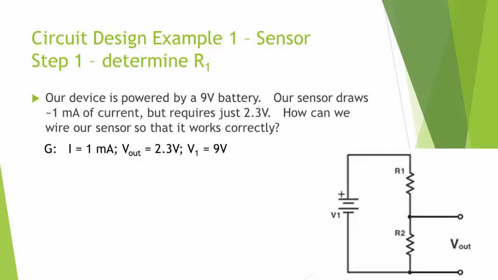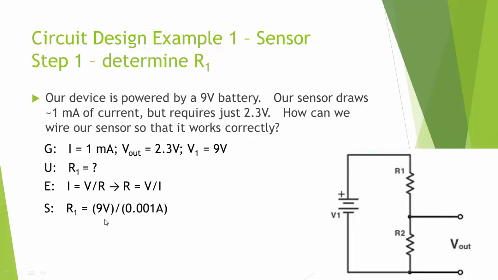So given a current of 1 milliamp and a voltage of 9 volts, remember not the output voltage, but the overall voltage, because this R1 is going to be in series with it, we want to find out what R1 could be at a maximum. A simple Ohm's law problem, R equals V over I. 9 volts over 1 milliamp, 0.001 amps, gives us 9,000 ohms is the maximum resistance we can handle.